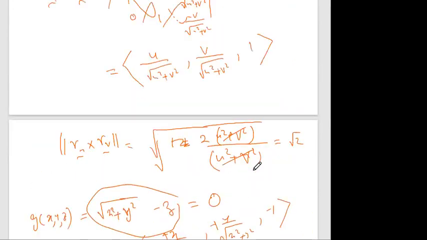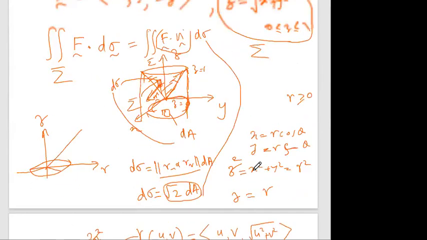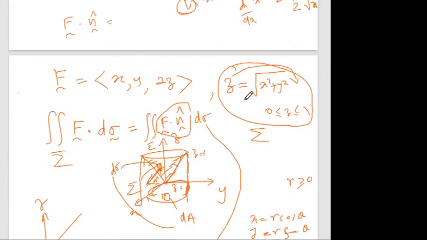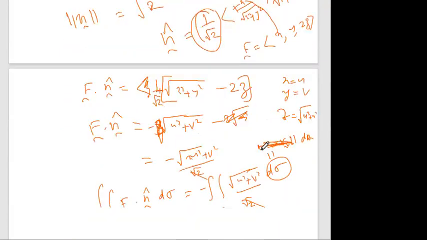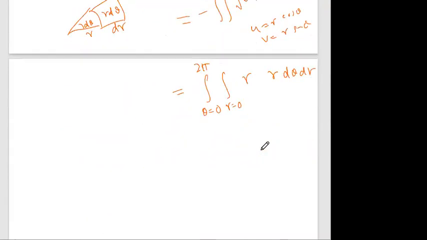Got the geometry. Upper bound is 1. So 1, 1, and theta is independent. You can put the 2 here, 2 pi then.